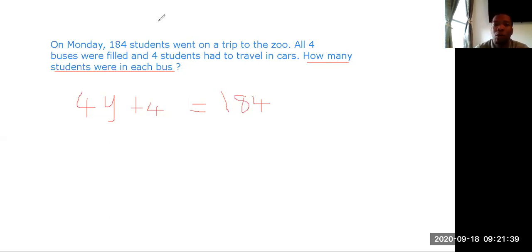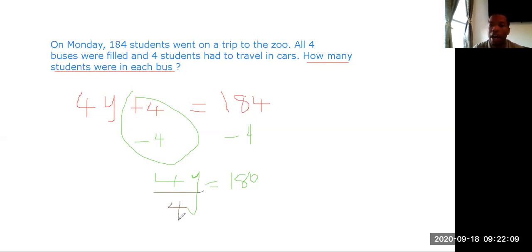So we work this out like normal. We do the additive inverse first, so we subtract 4 on both sides. I'm going to let you write that. Which leaves us, this is 0, this right here is 180, and we're left with 4y. The next part is the multiplicative inverse, so we divide by 4.